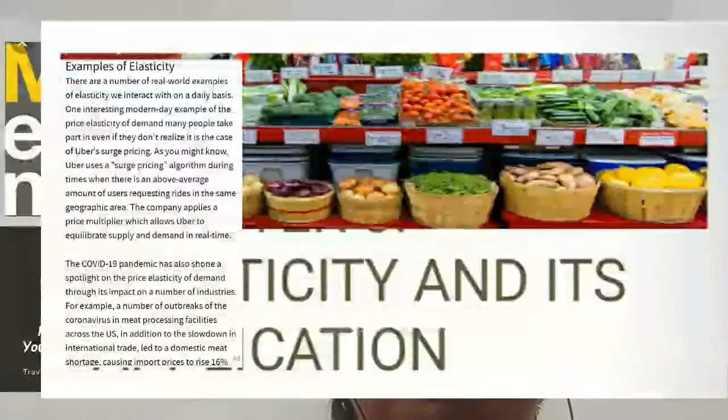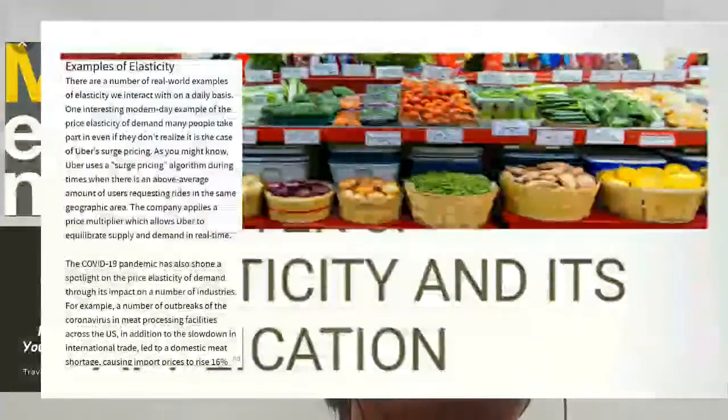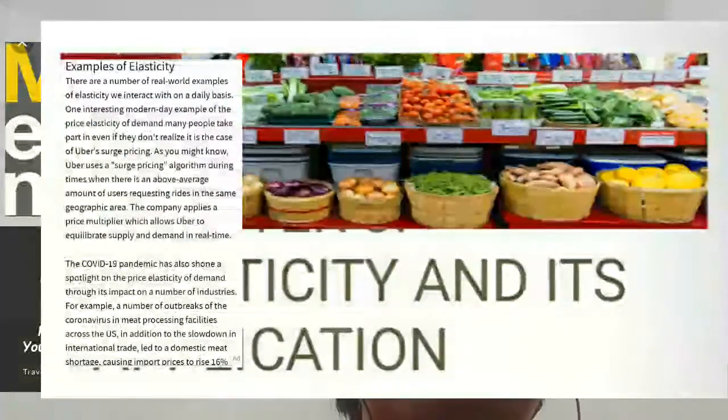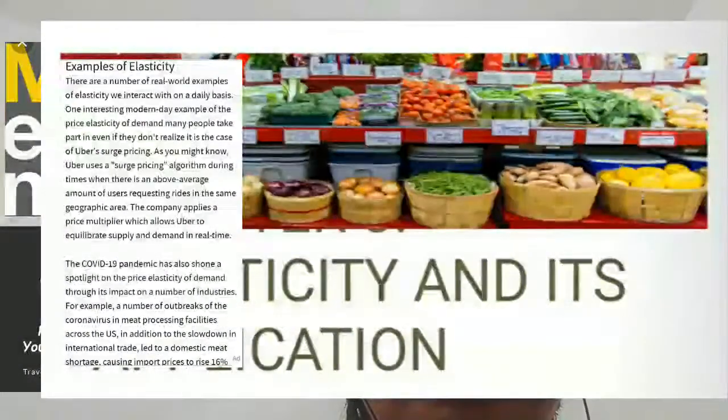Ito po yung mga Uber. As you might know, Uber uses a surge pricing algorithm during times when there is an above average amount of users requesting rides in the same geographic area. So the company applies a price multiplier which allows Uber to equilibrate supply and demand in real time.